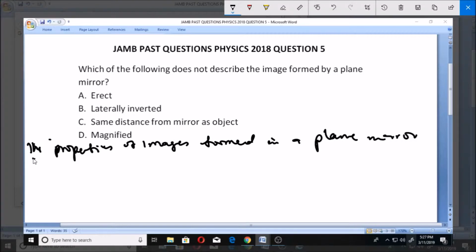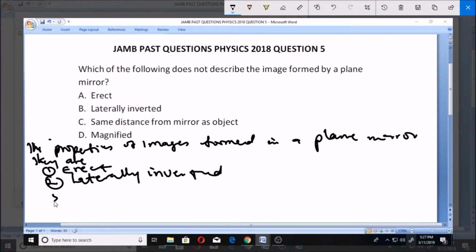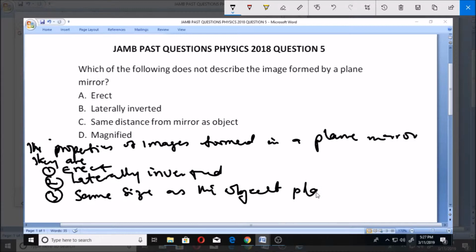Now, the following are their properties. They are: number 1, erect. Number 2, they are laterally inverted. It's one of the properties. 3, they are same size as the object placed in front of it.